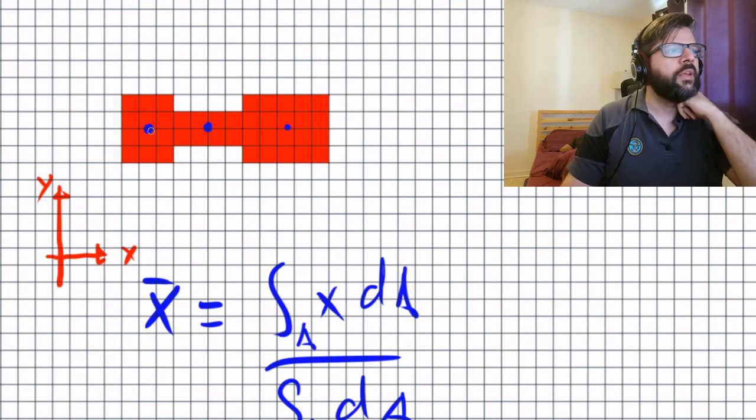So for example, 1, 2, 3. So from here to here, that's 3.5 squares. The total size of the object that was added, that's 8 squares. The original one had 12 squares to begin with, so the new one is going to have 20 squares total.